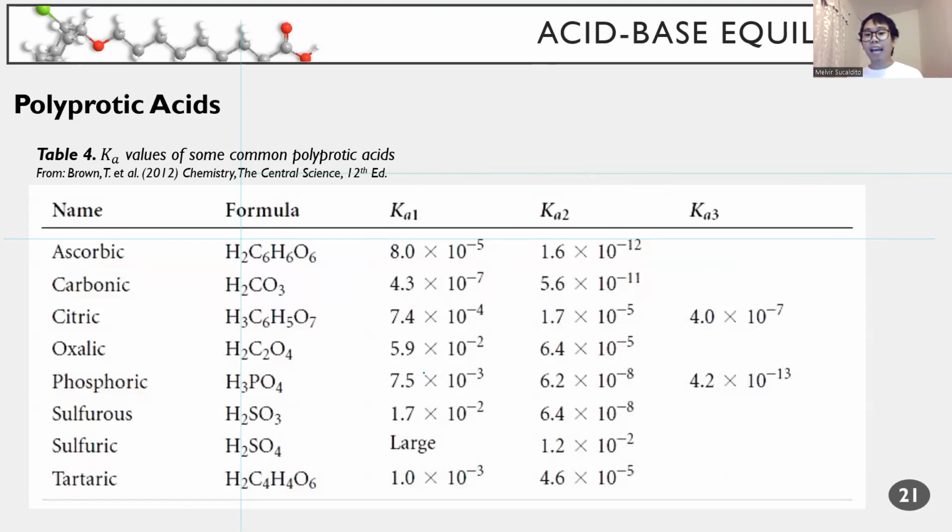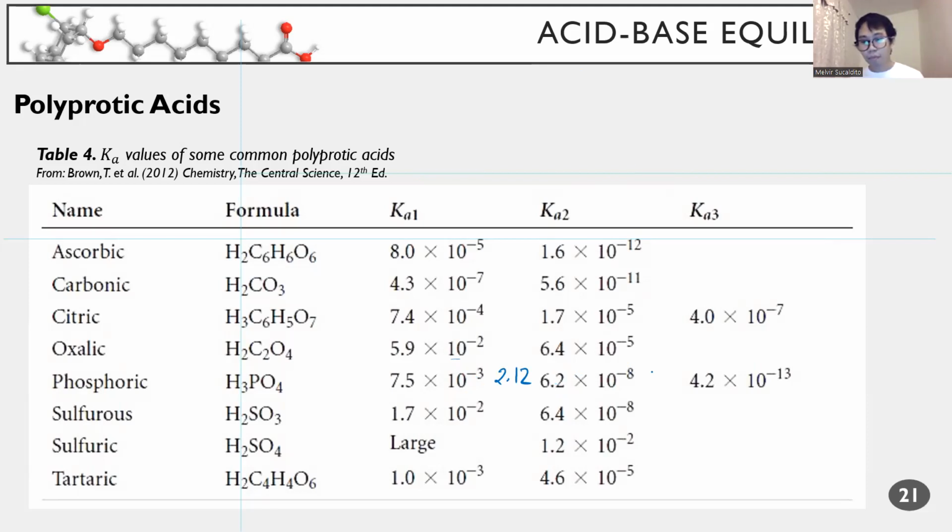For the phosphoric acid, look at these Ka values. Take the negative log of 7.5 times 10 raised to negative 3. Negative log 7.5 times 10 to the negative 3 is 2.12. It's 2.12. Then 6.2 times 10 raised to negative 8.